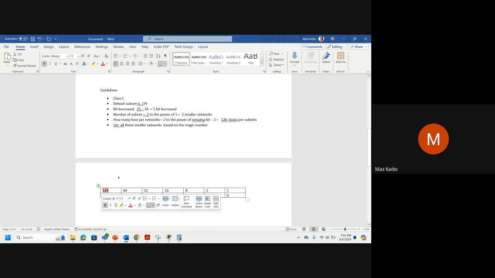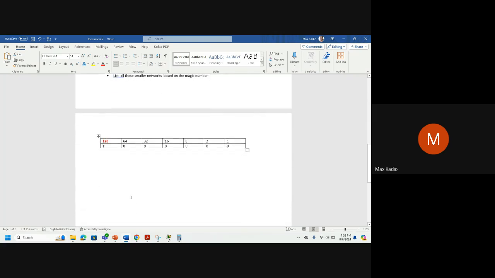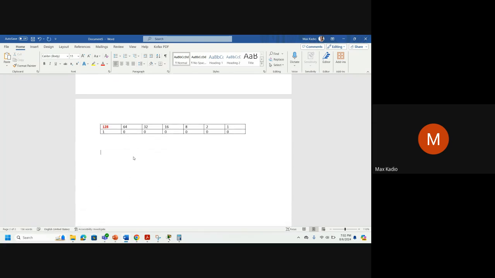It means all my networks will be plus 128. The very first network always starts with 0. Now plus the magic number to find the second one, 128. And from there, you can find the first valid host, as you know.